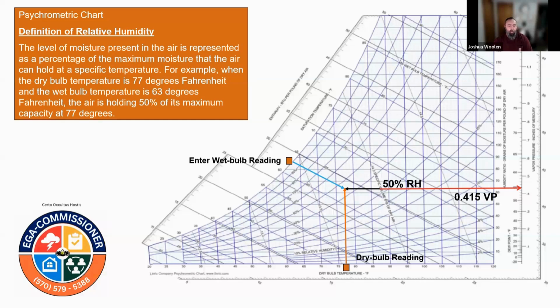So we now know how much moisture that air can hold, which is important when we are coming up with a drying plan or a drying, what do they call it now? A remediation work plan.